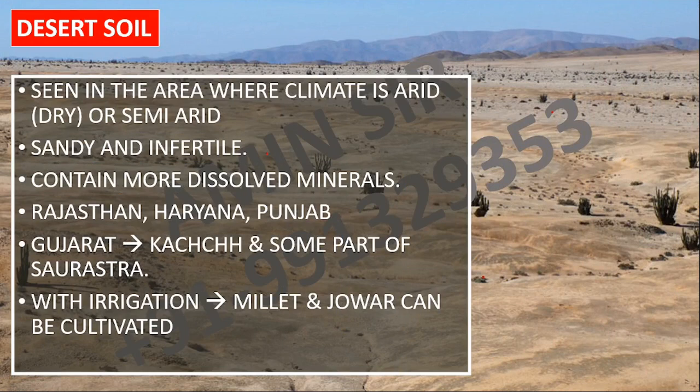It has a desert area, and this type of land is called desert soil. It is mostly found in Rajasthan, Haryana and Punjab, and in Gujarat it is available in Kutch and some part of Saurashtra. We can grow some crops with irrigation, like millet or jowar.